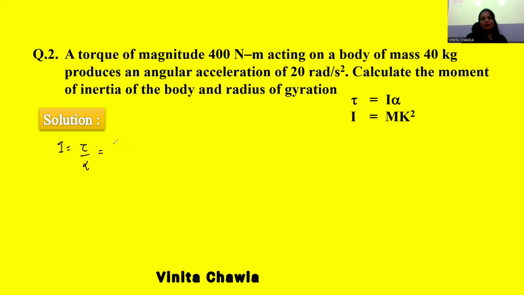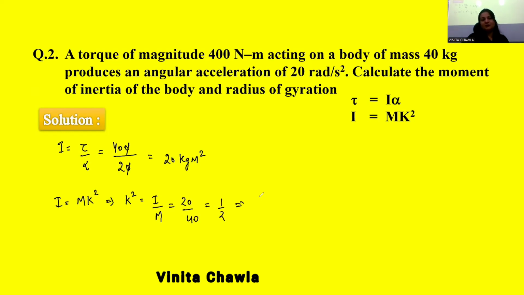Torque is how much? 400 Newton meter. Alpha is 20 radian per second square. It's 20 kilogram meter square. And because I is mk square, this implies k square is I by m. I is 20 and m is 40. This is 1 by 2. So this implies k is 1 upon root 2.